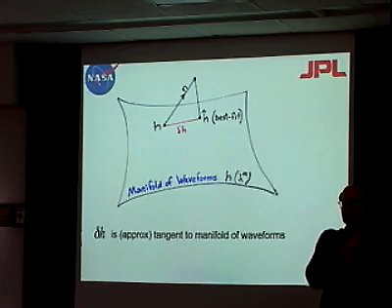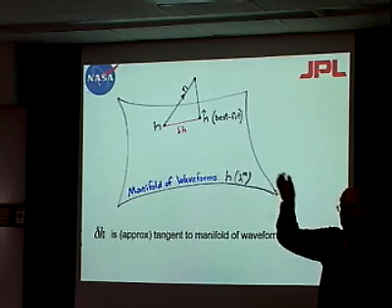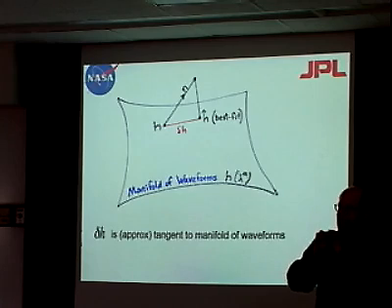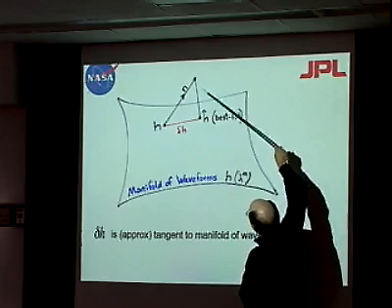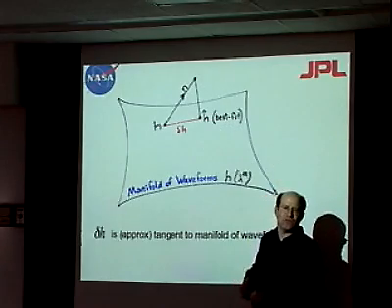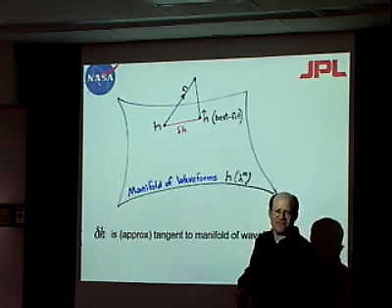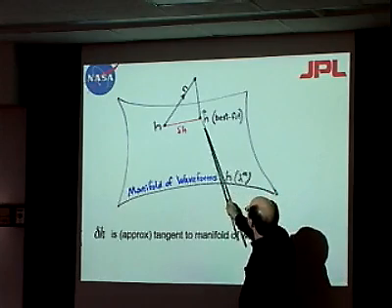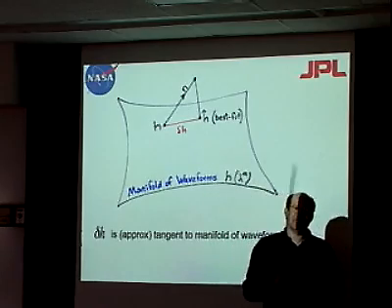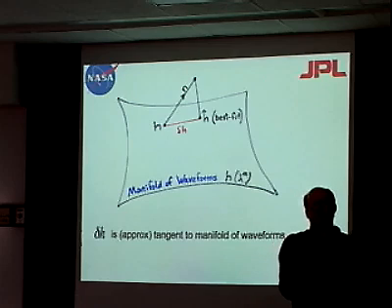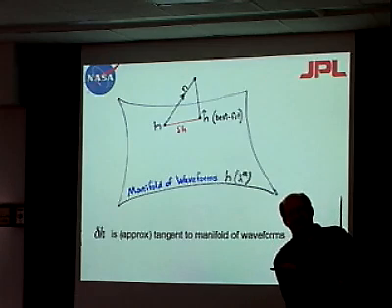So the detection procedure automatically interprets a bit of the noise as signal. When you do your best fit, you think this is the right signal and you think that's the noise. Every detection eliminates the piece of noise that lies in the manifold of waveforms.